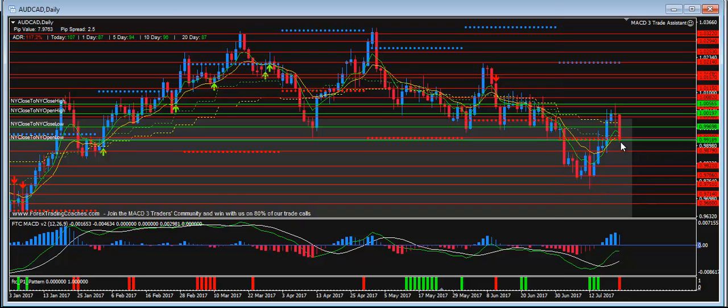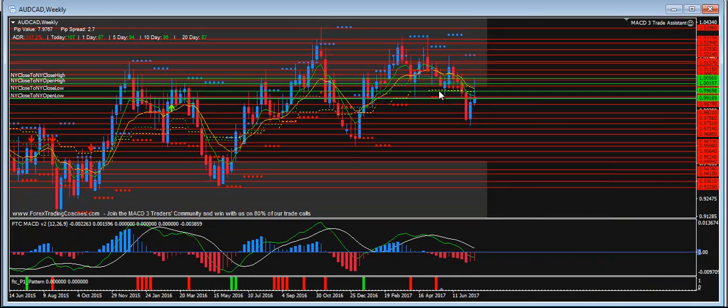So if we surge below this level around 99.25 to 99.18, right in this region on the AUDCAD, there could be some more selling, especially considering that we have a strong weekly sell trend based on the way that we analyze trends with a strong histogram on our MACD and a strong sell pattern.